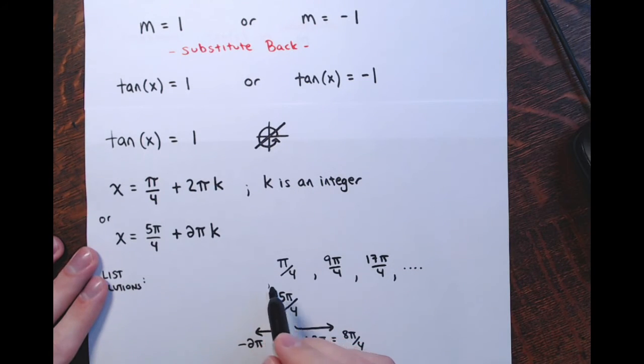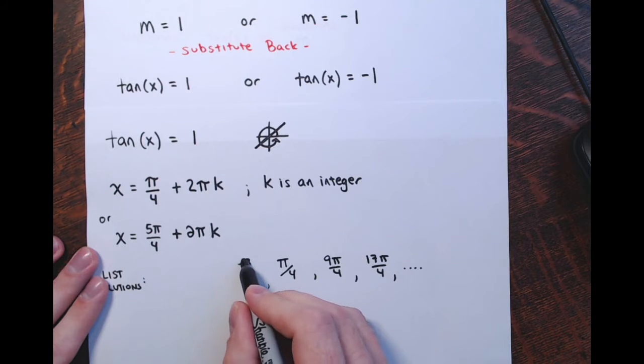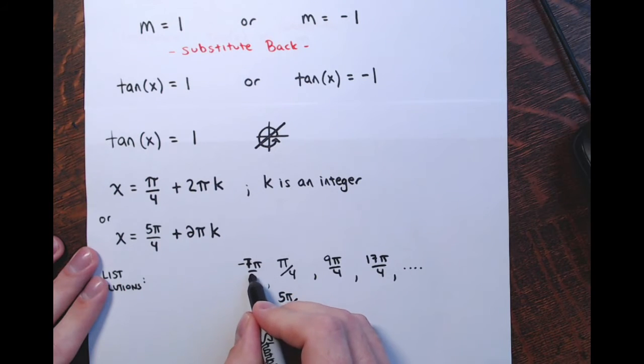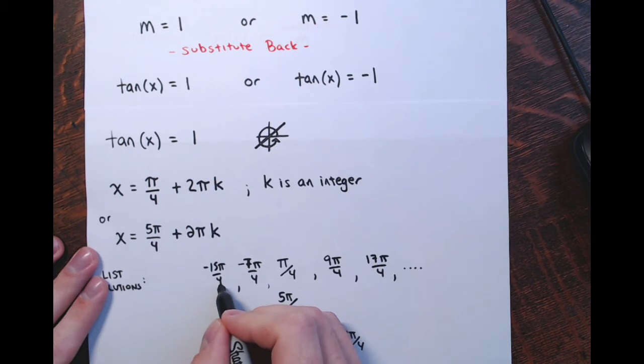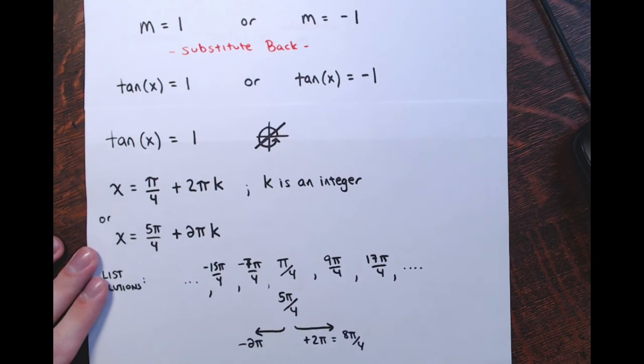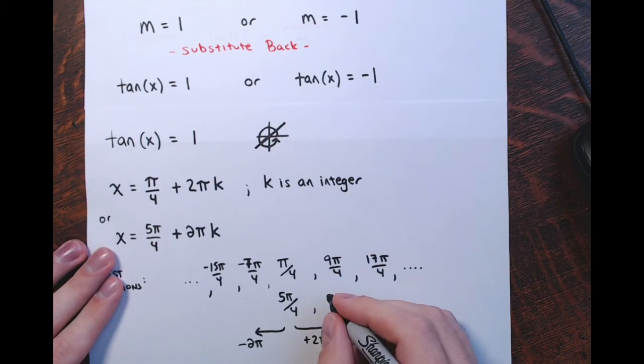Then I'll go the other way too, subtracting 8 pi over 4, or 2 pi. Negative 7 pi over 4 would be a solution. Negative 15 pi over 4 would be another solution, and so on. And I'll do the same to this solution of 5 pi over 4. Just keep adding 2 pi.